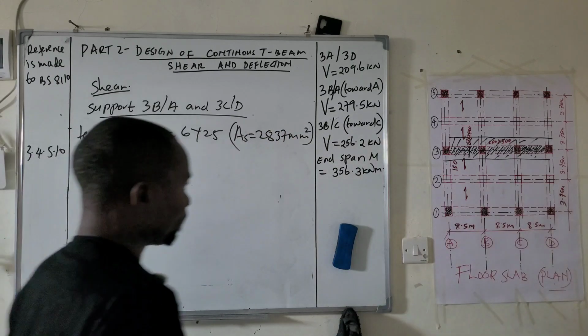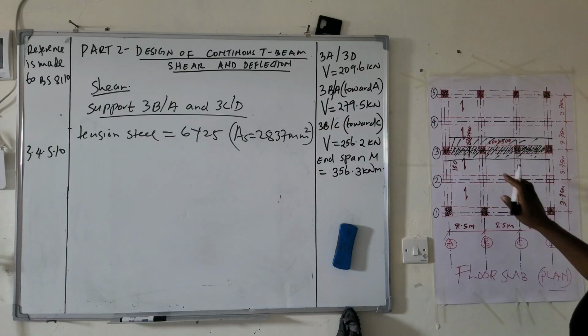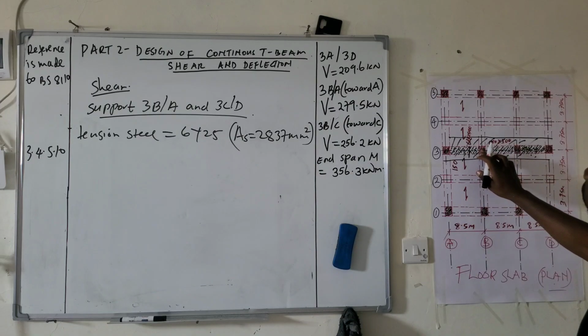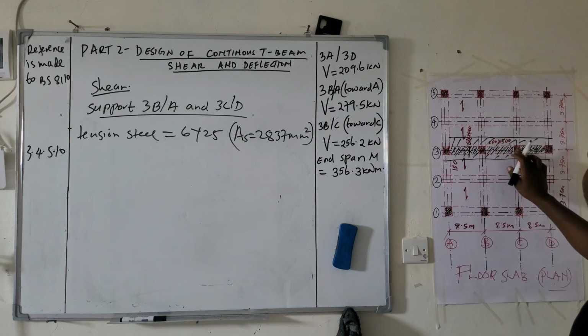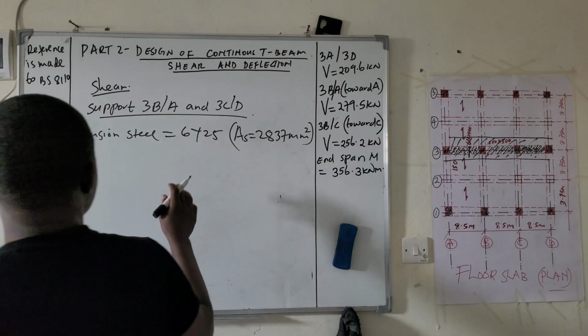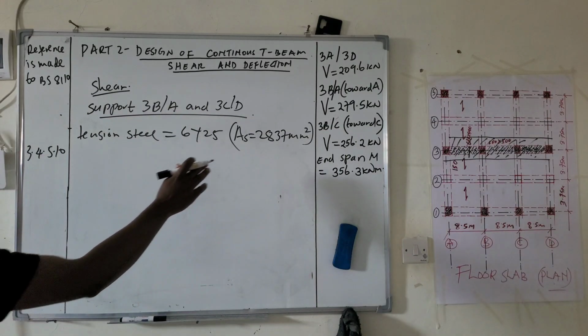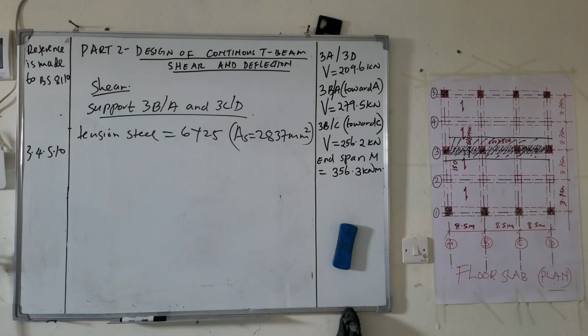So remember, we designed support 3B and 3C in our previous session, and the reinforcement for steel was 6Y25 and the area 2837 millimeter square.